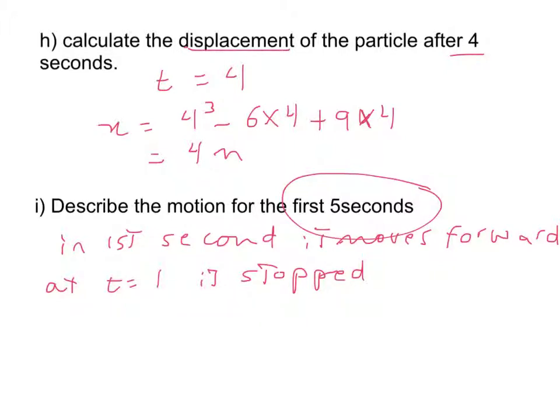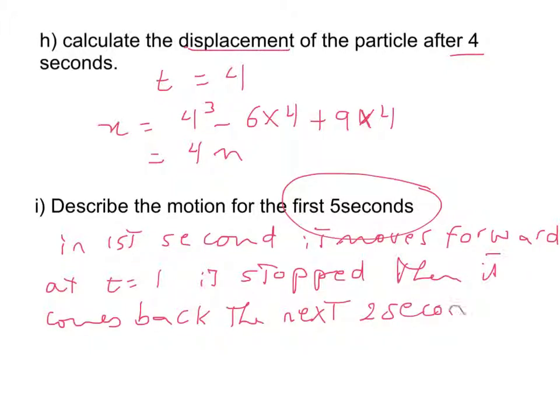So then it comes back during the next 2 seconds, and this is where you see at t equals 3, we have another stationary point when it was minimum. After that, it turns once more and proceeds in the positive direction.